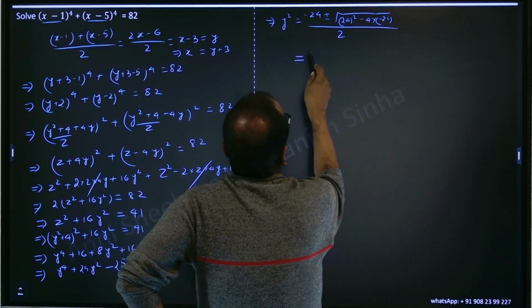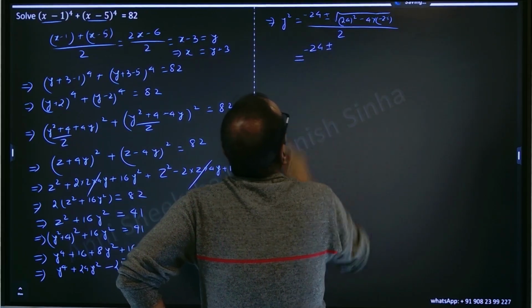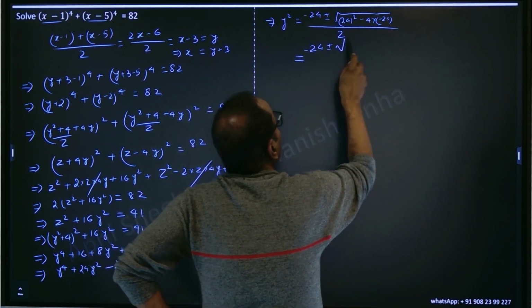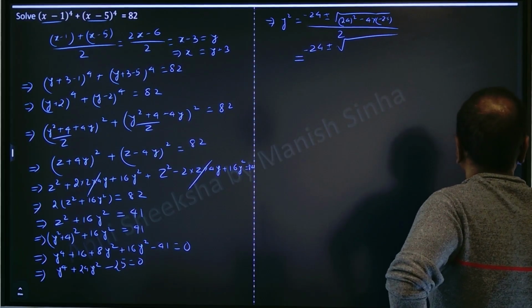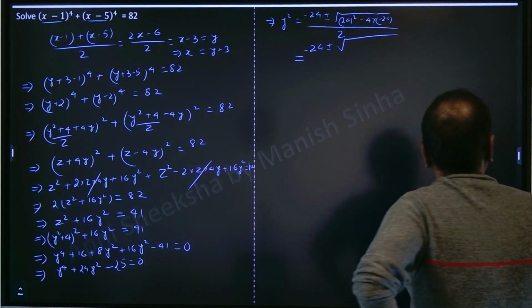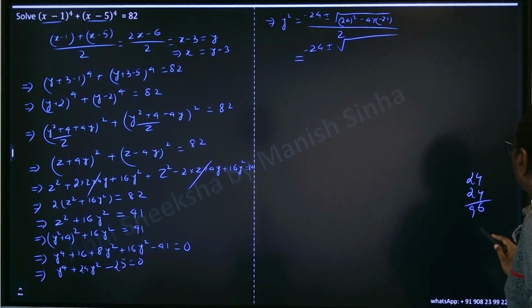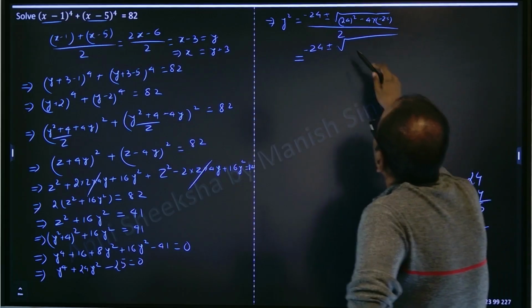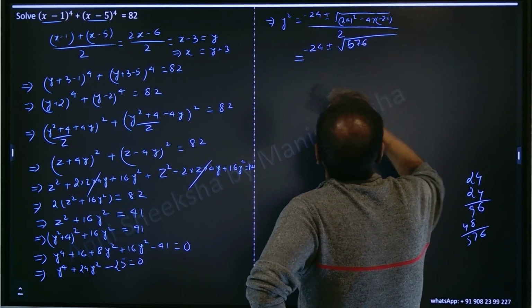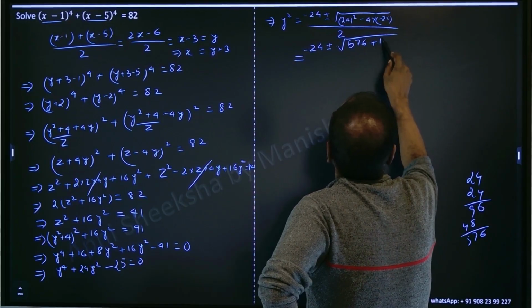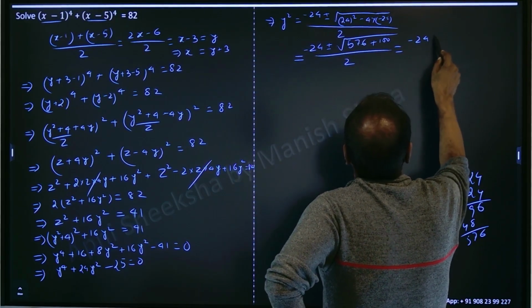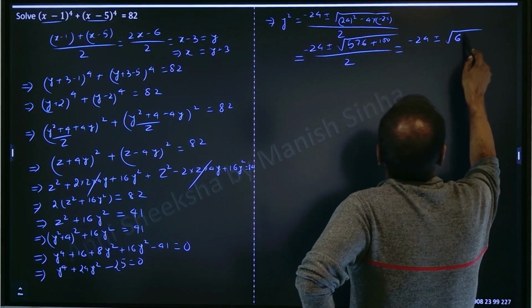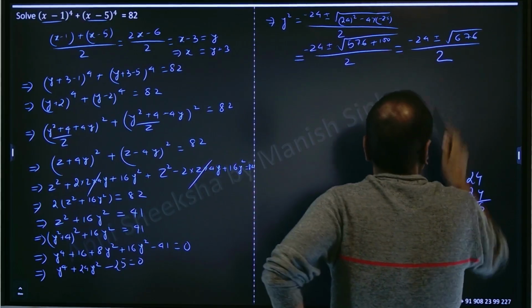So you can write it as minus 24 plus minus 24 into 24 is 576, plus 100, divided by 2. 676 divided by 2.